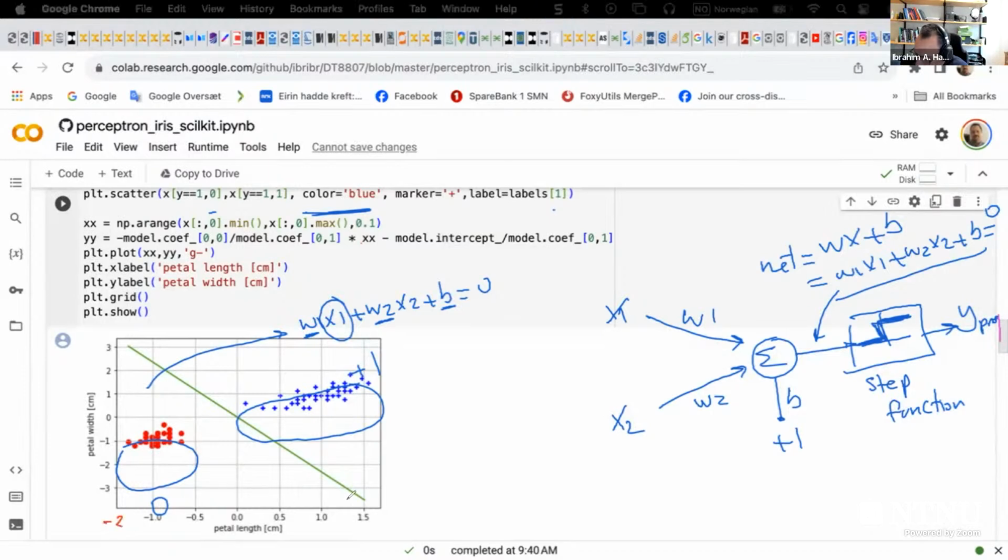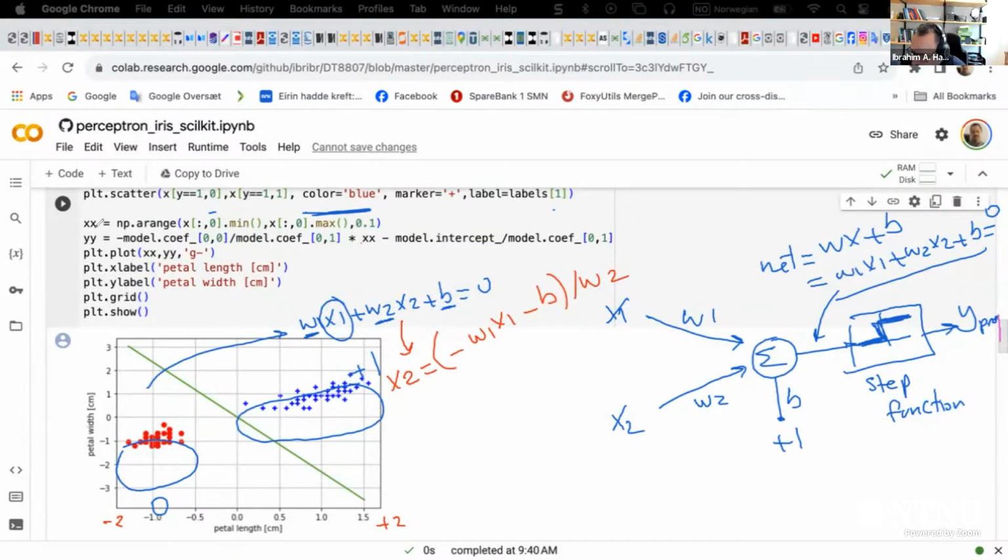So we just need to generate values for x1 and substitute those values into this equation to get values for x2. So x2 will be minus omega 1 x1 minus b, divided by omega 2. If you have any values for x1, substitute them into this equation to get x2, and after that plot x1 against x2.